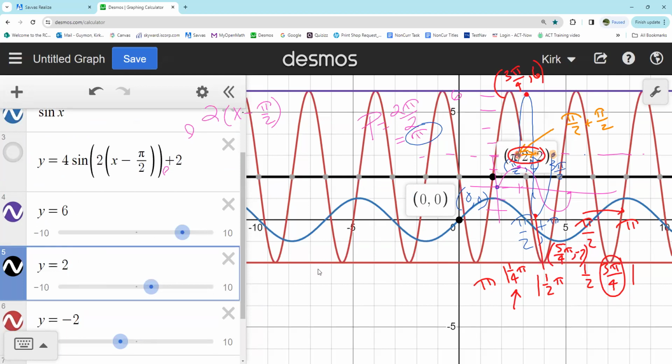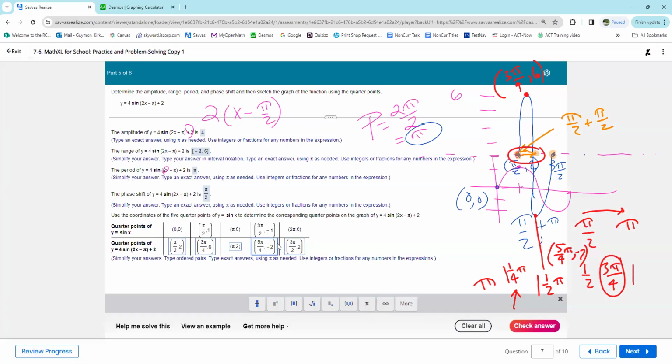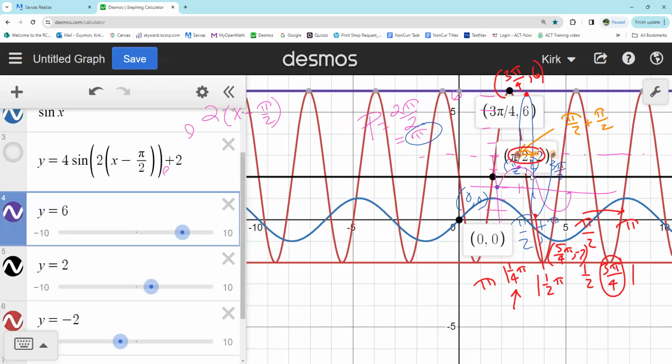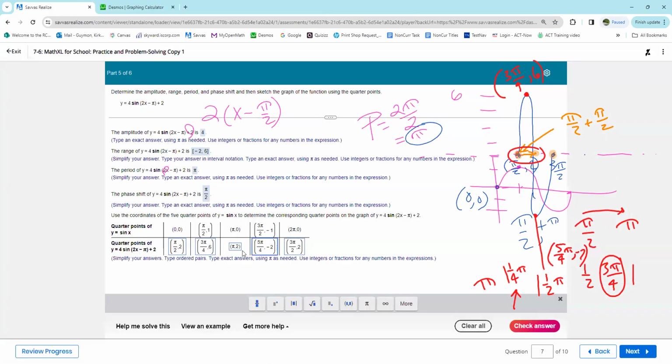And then if I look at my key points, right up here, there's my 3 pi over 4, 6. That's what I put in, right? 3 pi over 4, 6. Also where it came back and hit the pi over 2, 2.